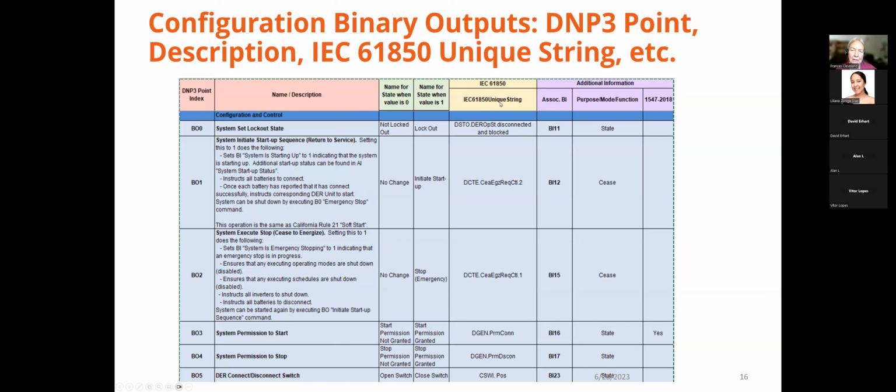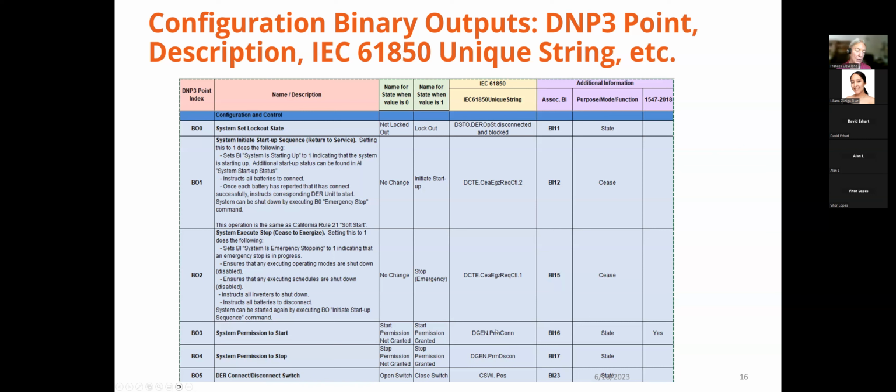It's a 61850 name. So that using that, we tie it to the IEC 61850 data models. And therefore, if anyone comes along and says, well, I've got, let's say, BO3, so binary output number 3, system permission to start, that's this DGEN PRM CON.